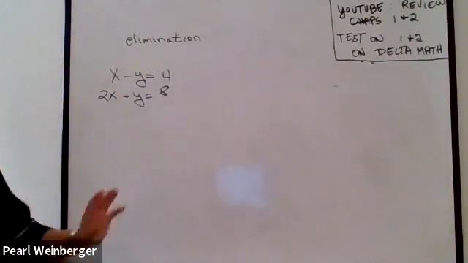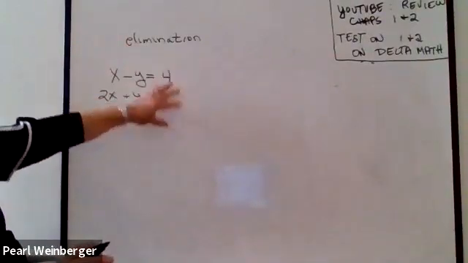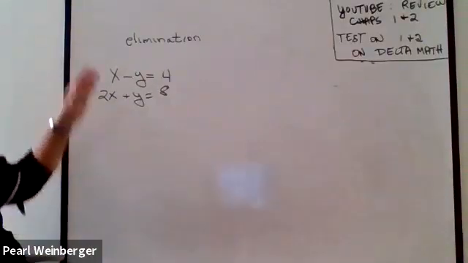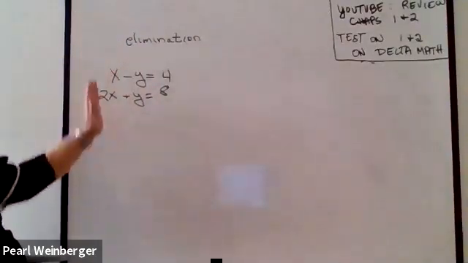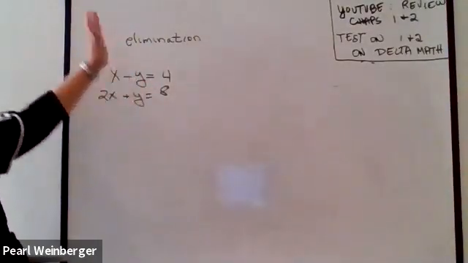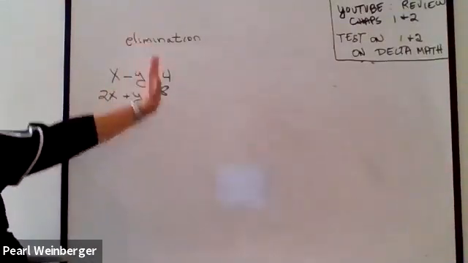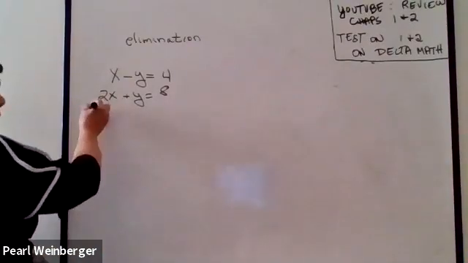As it stands, it's a perfect setup for the elimination method. What I'm going to do is add these two equations down. Notice how everything lines up very nicely: x's, y's, equals numbers. We must have that if we're doing the elimination method.